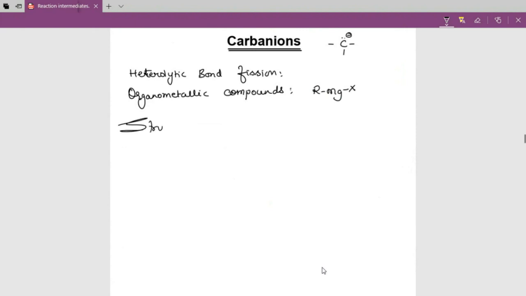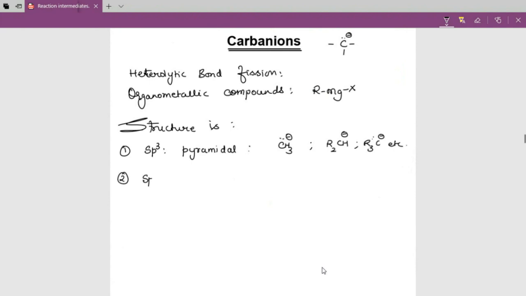As far as structure is concerned, I would say first, it has sp3 but pyramidal geometry. sp3 and pyramidal is like CH3 minus, R2CH minus, R3C minus, etc. It can also have sp2 and trigonal planar geometry in such structures.